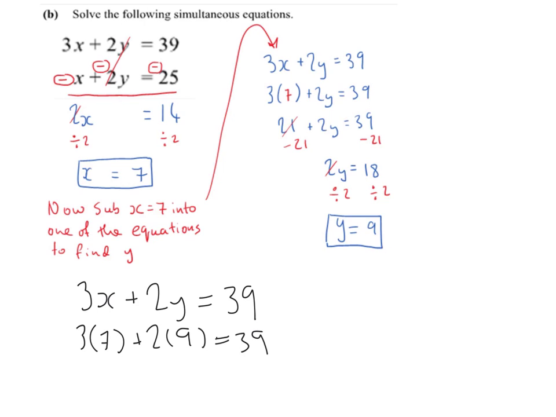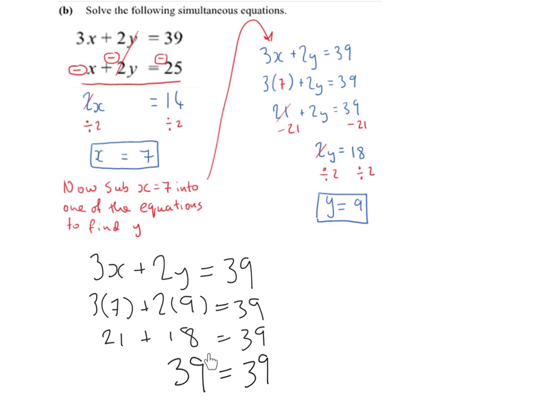So 3 times 7 plus 2 times 9 equals 39. 3 times 7 is 21. 2 times 9 is 18 equals 39. And 21 plus 18 is 39, which does equal 39. So since my equation is balanced, I have the same number on the left of the equal sign as the right of the equal sign, I know that my answers are correct. x does equal 7 and y does equal 9.